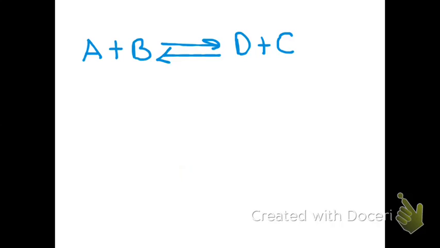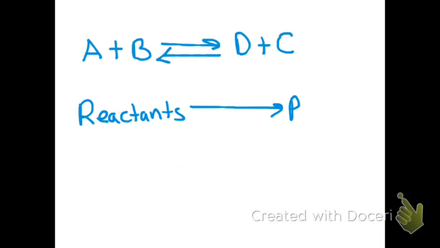Alright? So essentially what we could say here is reactants collide to form our product, and then the product collide through collision theory, go backwards to form our reactants.